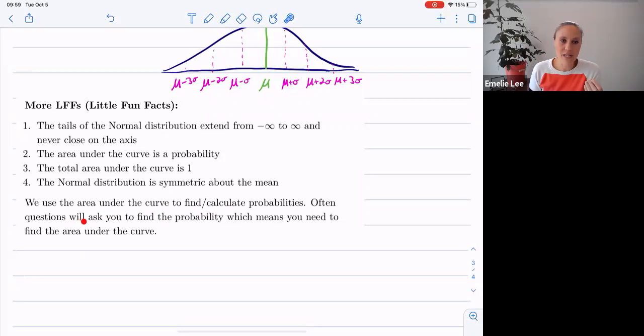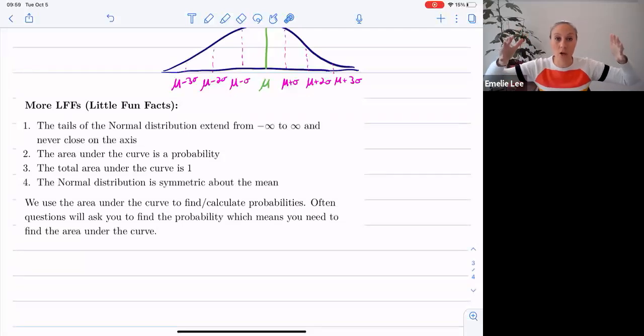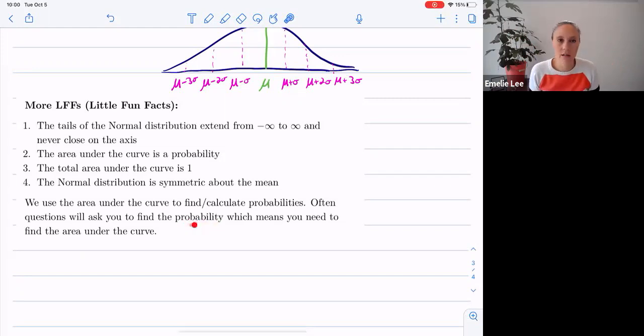So often these questions will ask you to find the probability, which means you have to find the area under the curve. Now, this is where it gets a little bit tricky, right? Because when we started the previous section, I said, okay, this is the section that I'm going to call probability. Those probabilities, though related to the ones that we're about to do here, that's not what I want when I ask you to find the probability.